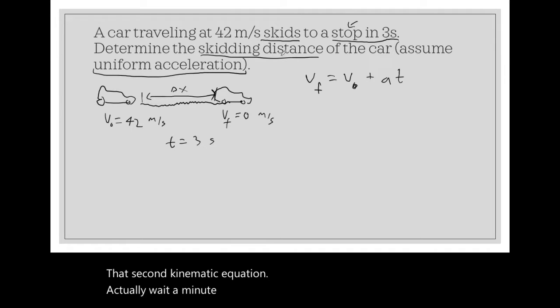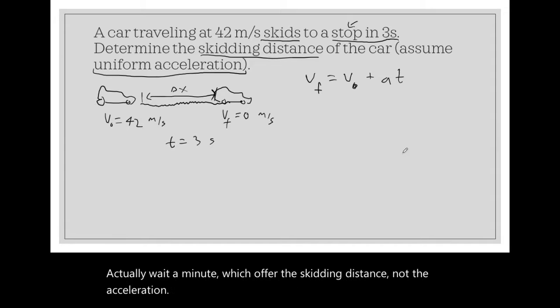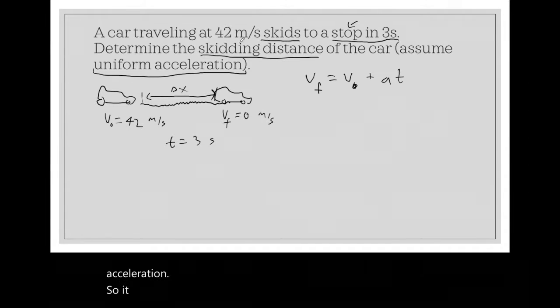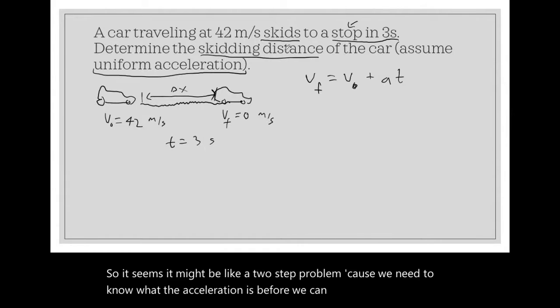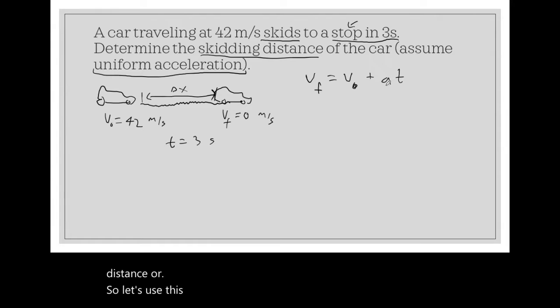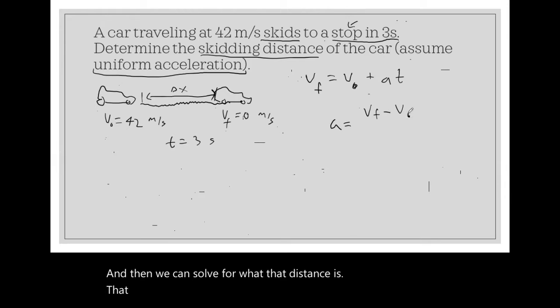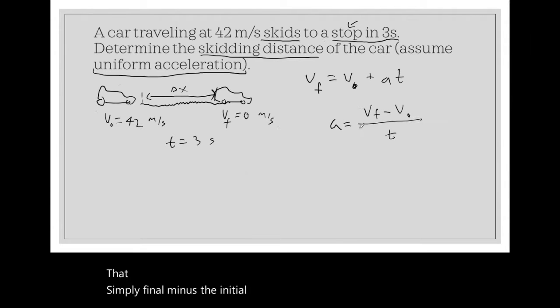We're trying to solve for the skidding distance, not the acceleration. So this might be a two-step problem, because we need to know the acceleration before we can solve for that distance. So let's use the second kinematic equation to solve for the acceleration first, and then we can solve for the distance. So we write in that v final minus v initial divided by the time.